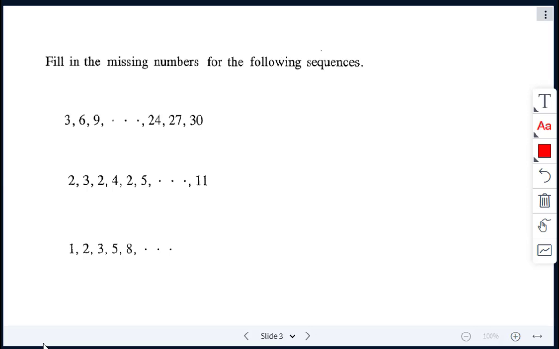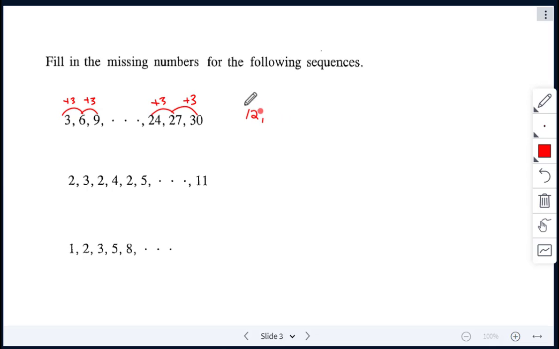Let's see if you can figure out what that pattern is. For this example, we're adding 3 each time. To find our missing numbers, we take our 9 plus 3, which gives 12.